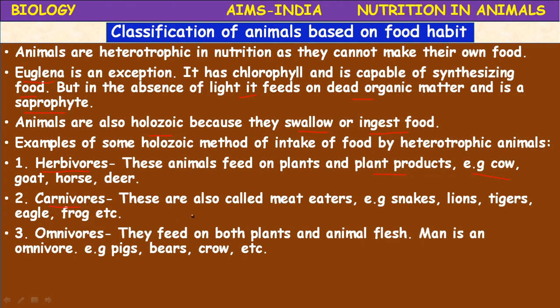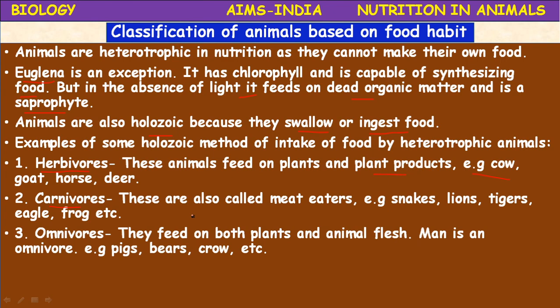Carnivores. Carnivores means the animals that are meat eaters, that feed on animal food material, flesh, blood. Such animals are called carnivores. Example: snakes, lions, tigers, eagle, frog. So many examples. You can add a list.